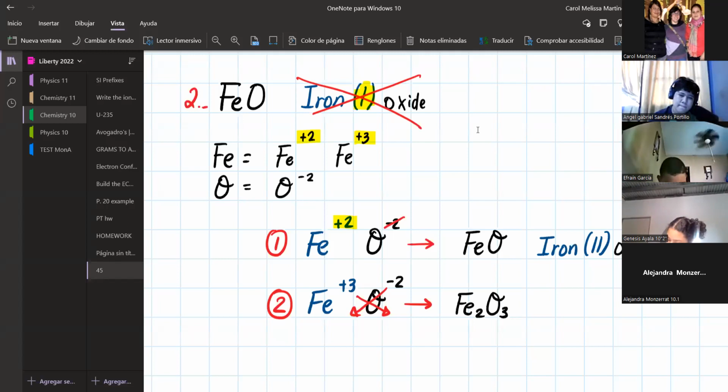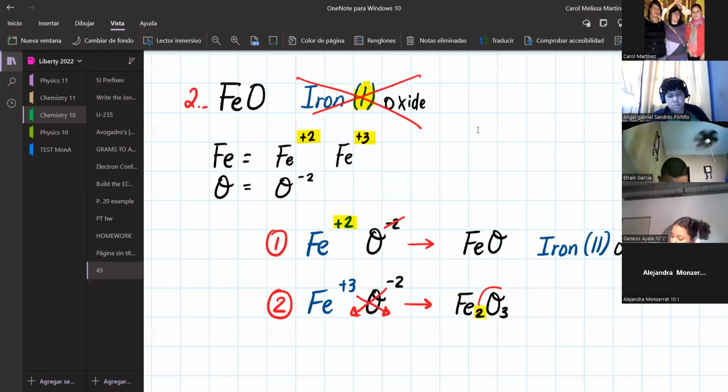So just to finish this part, how can we name this compound over here? Which iron is this? Iron 2 or iron 3? Iron 2. You see iron 2 over here, but this 2, remember, is coming from oxygen.